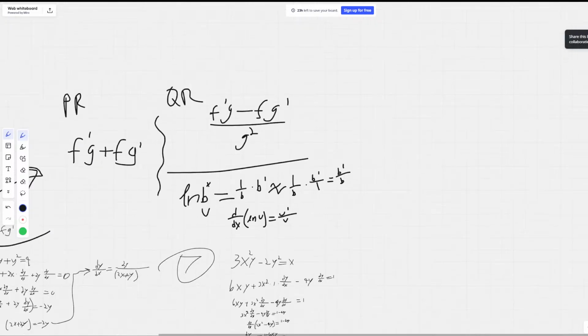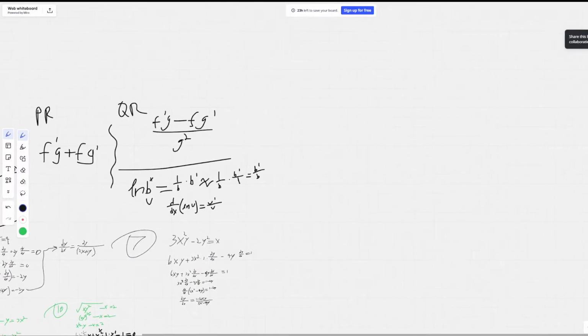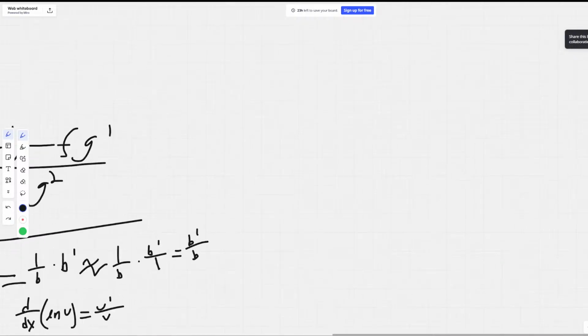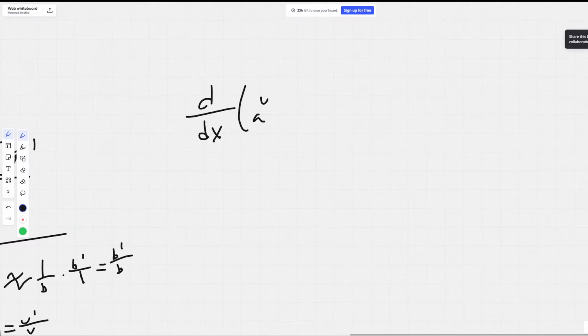What I'm thinking of is this. d over dx with a variable power.